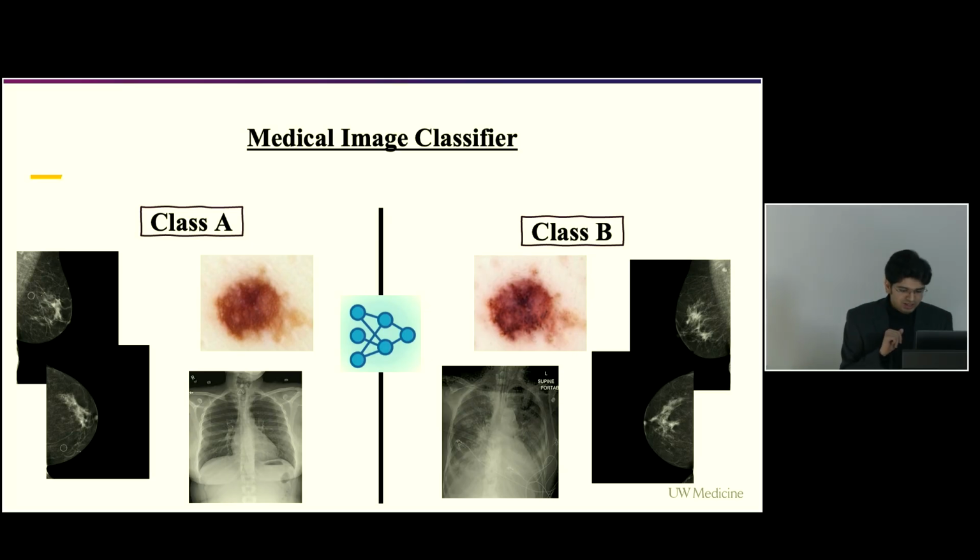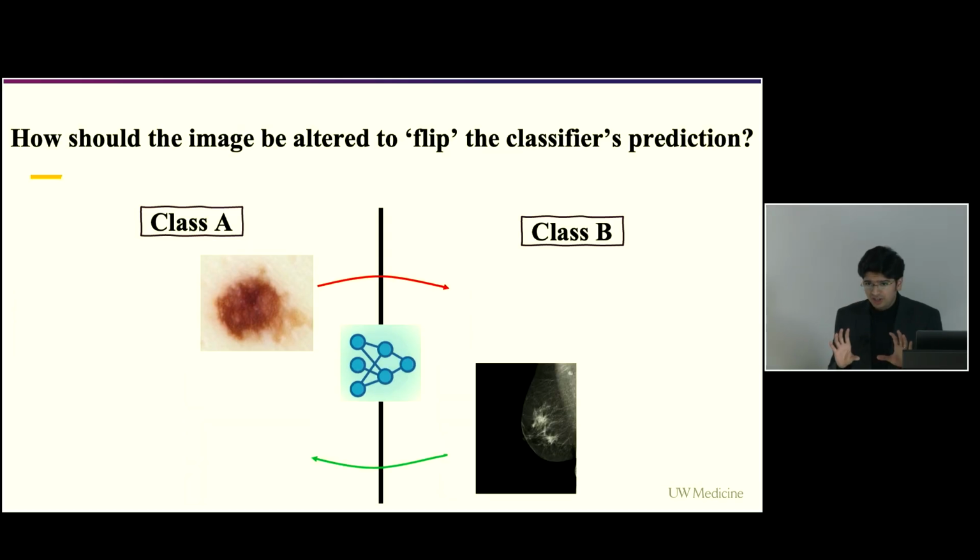But yeah. So the question that we ask with counterfactual explanations is, how should the image be altered to flip its predictions? Essentially, can I change some features about this image in a way that the model now classifies it as class B rather than class A? Or alternatively, here, it classifies this mammogram with cancer as being without cancer.